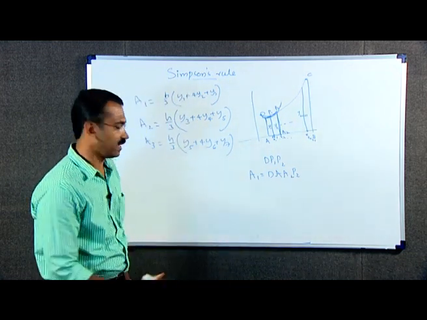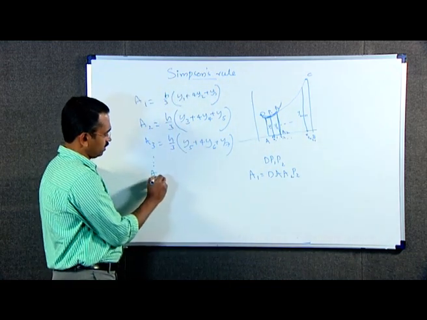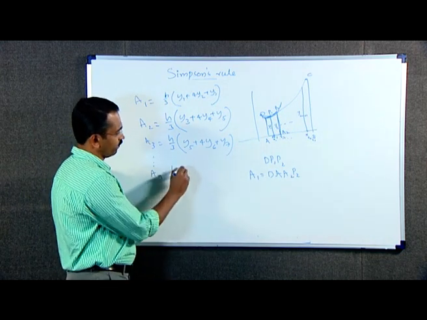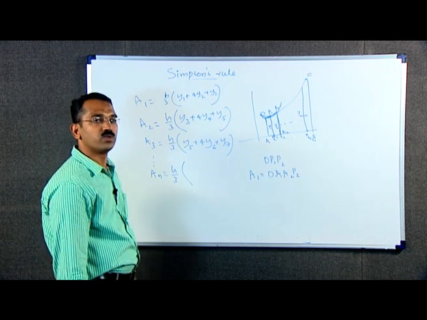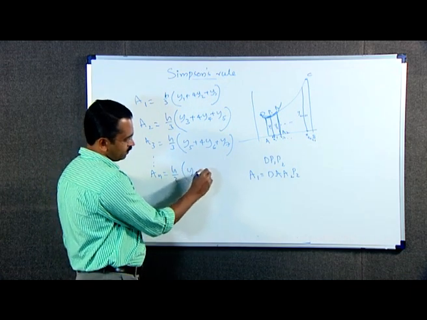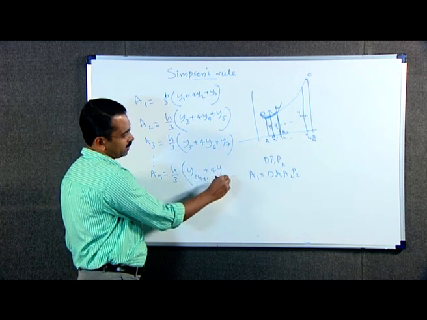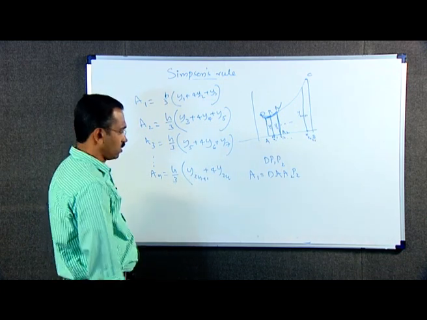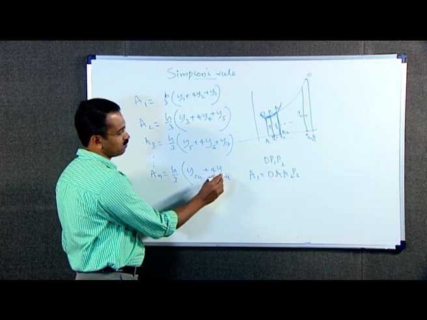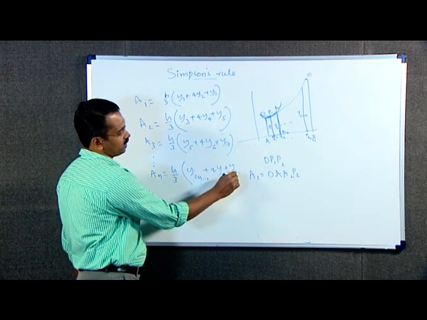In general, An is equal to h by 3 into y2n minus 1 plus 4 times y2n plus y2n plus 1.